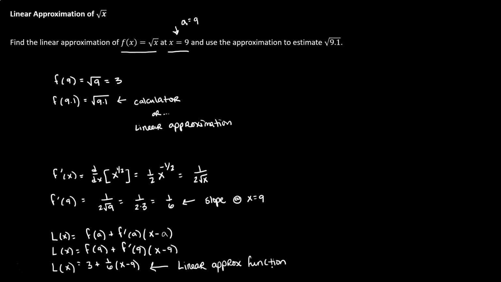And this function is our linear approximation function. This function will calculate an approximate value using the tangent line. So if we wanted to find the approximate value at 9.1, we're going to plug that into our linear function. And then we'll evaluate and simplify.